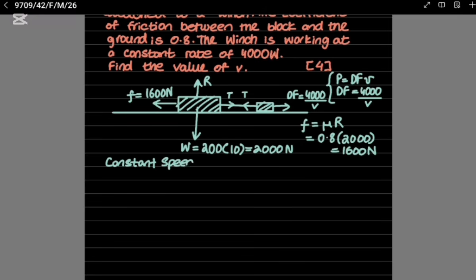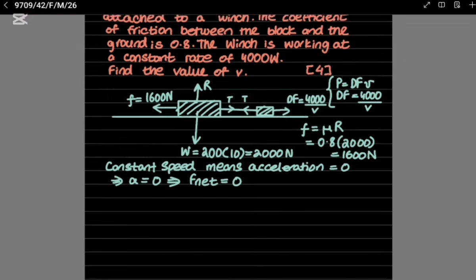Constant speed means acceleration is equal to 0, and if acceleration is equal to 0, then the resultant force must be 0. So the forces on the left are equal to the forces on the right.